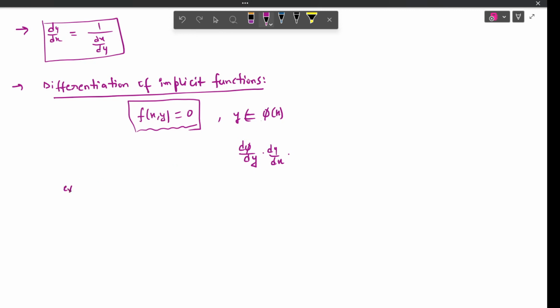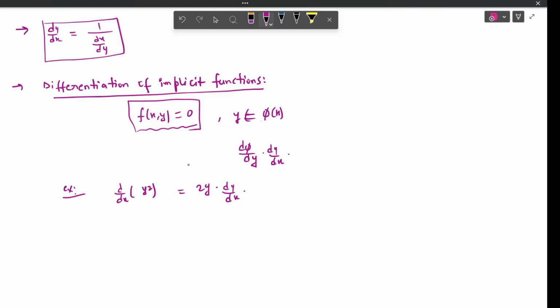Okay, let's see an example. Let us say we want to find out d dx of y square. So y is a function of x. So that means for square it will be 2y and for y it will be dy by dx.